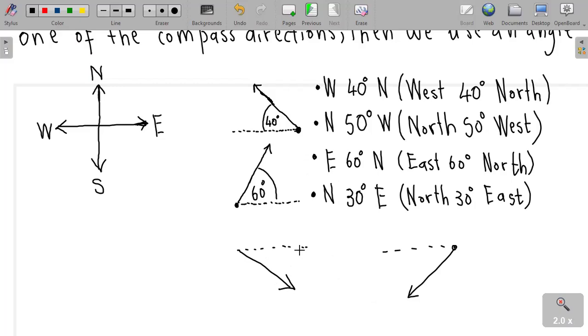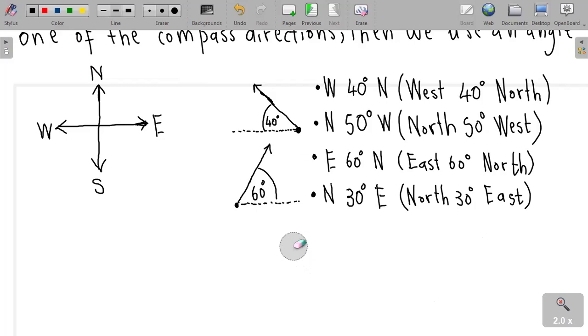You could also have a situation like this whereby the arrow is moving south instead of north. It could move south in different directions. So it's not just north only.